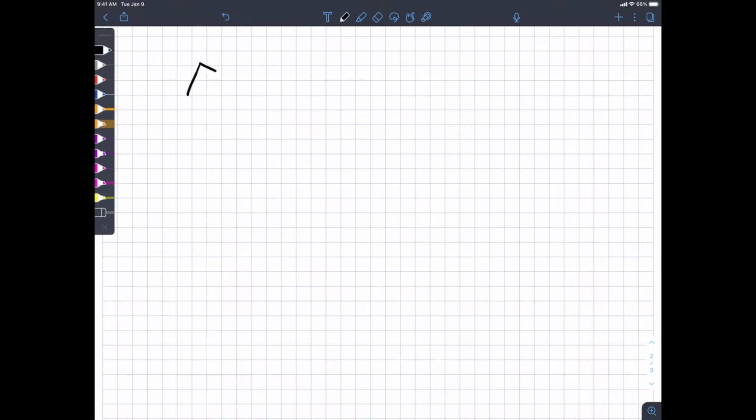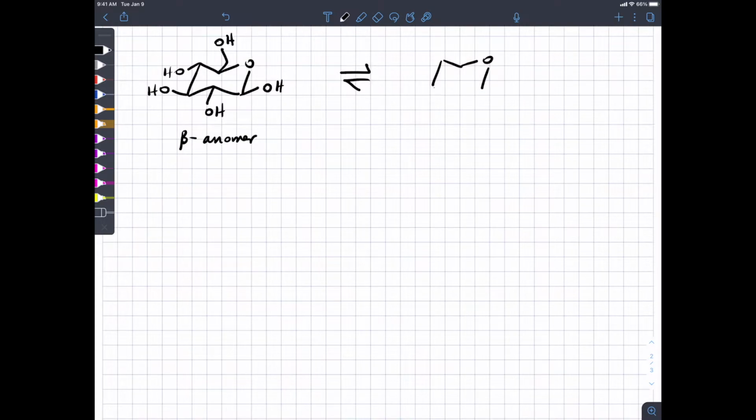So I'm just going to redraw them. Here's going to be the beta anomer, and here is the alpha anomer. And what I'm going to tell you here I don't think is discussed in any detail in your text. But it's a useful principle. It's a useful demonstration of some organic chemistry principles. Here's the OH group. All right, alpha and beta anomers.